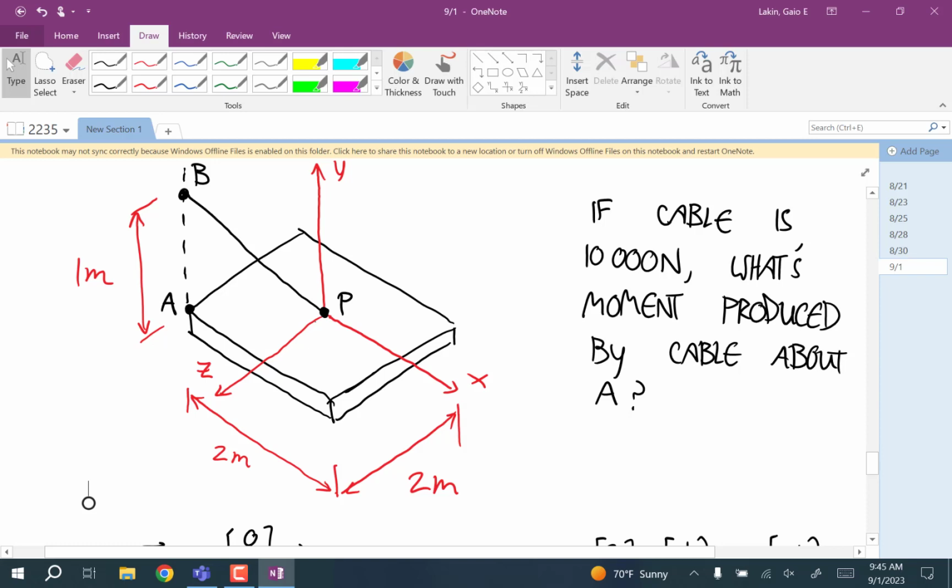So you have a force of 5770 going that way. You have a moment arm of 1 meter, okay? That would make it rotate like this. So we know that that x component of that vector is gonna be about y, right? Yep. And it's gonna come out, oh yeah, well, okay, so that one is going to produce a y component of 5770 in the positive y direction, okay?